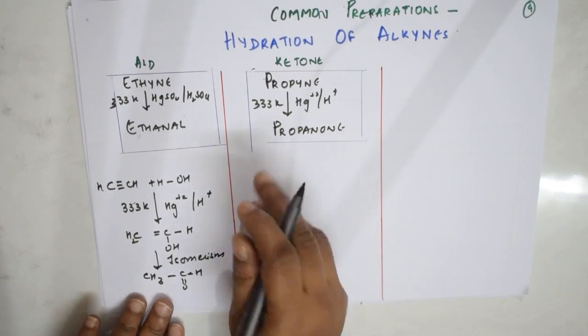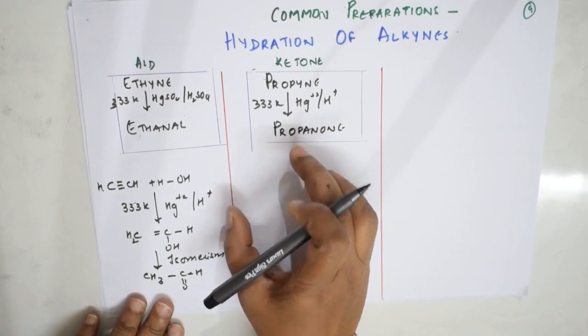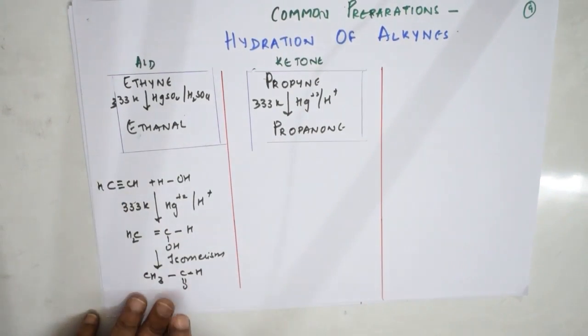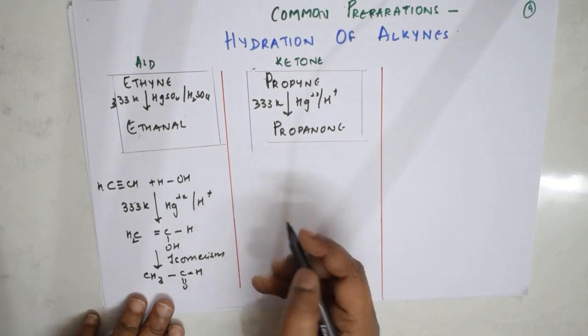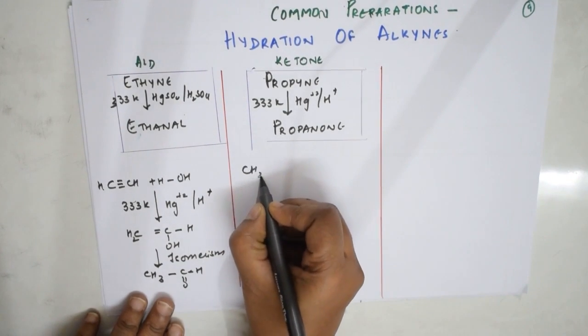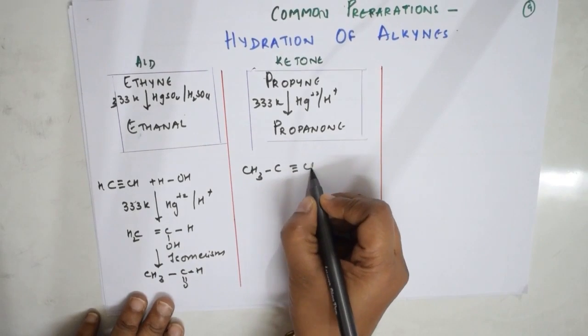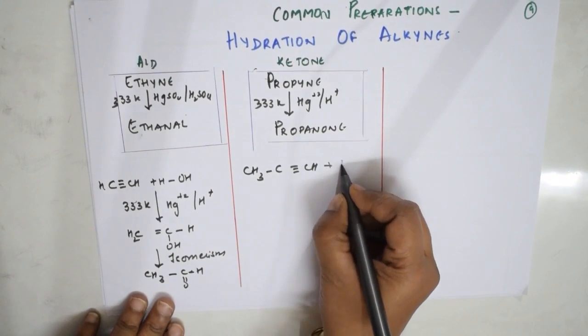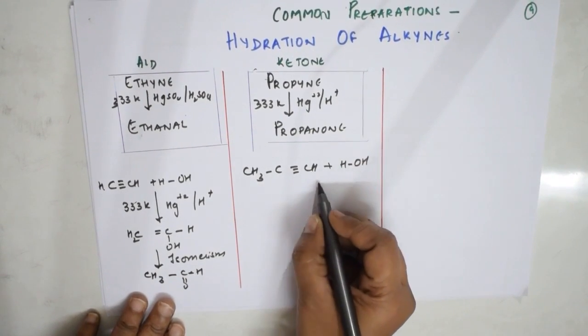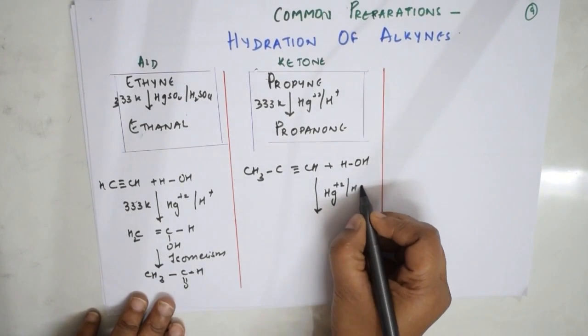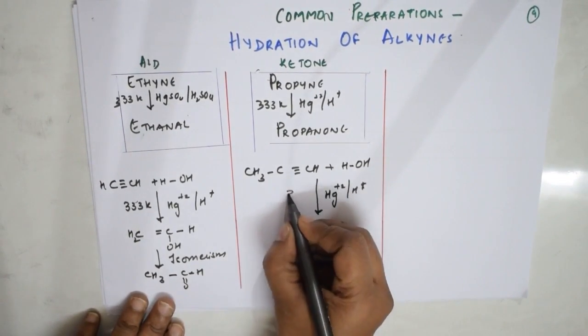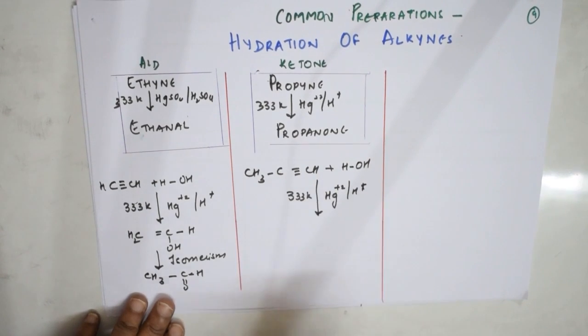Now let us take propyne and convert it to propanone. I took ethyne and converted it to ethanal. Same thing, initially you take propyne. Then you need to do hydrolysis, adding Hg plus 2 and H plus, sulfuric acid, at 333 Kelvin.